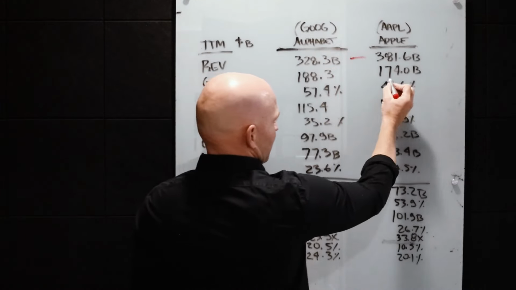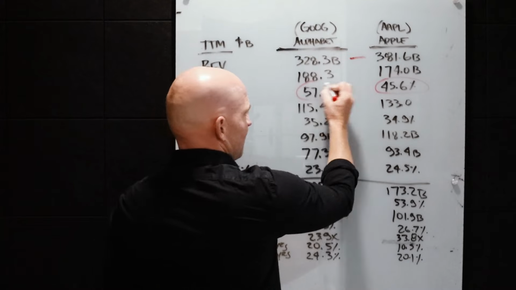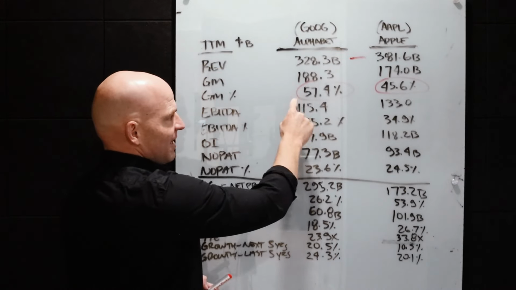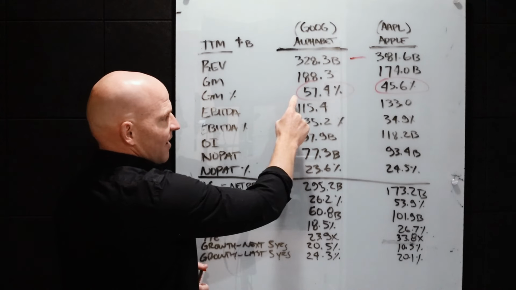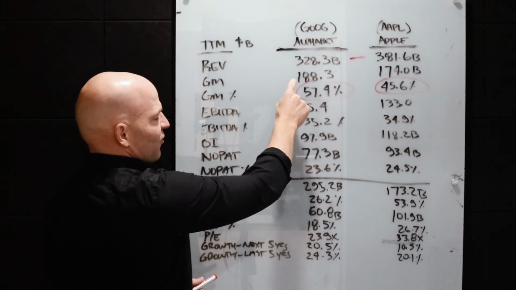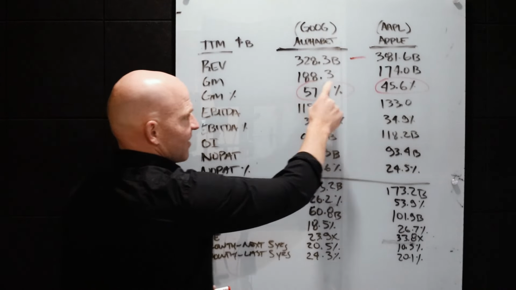But look at their margin. Apple's margin is 45.6% compared to Google. So sure, Google does less work, but their margin is a lot higher, 57.4%. So they're actually able to earn more gross margin on the sales of their products and services compared to Apple.